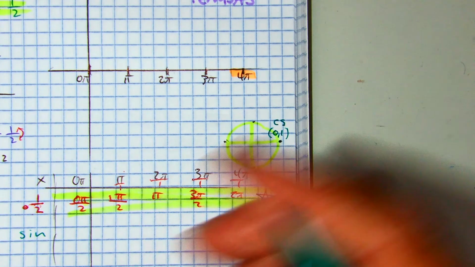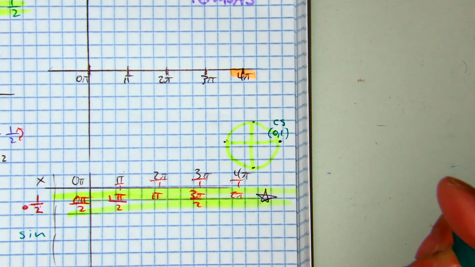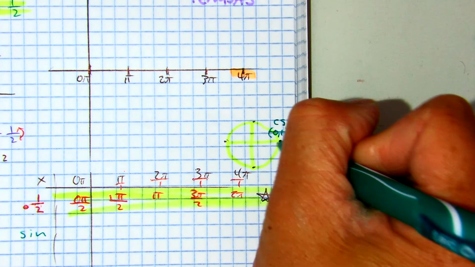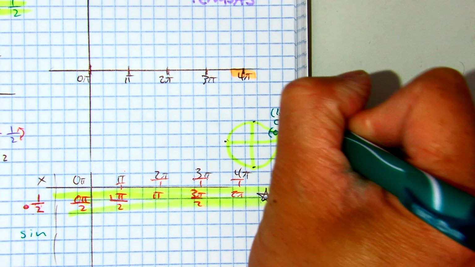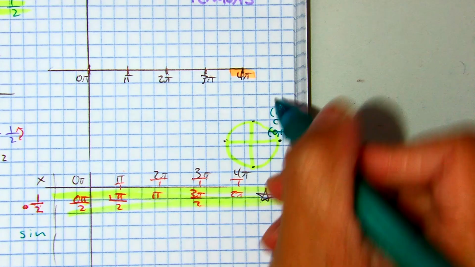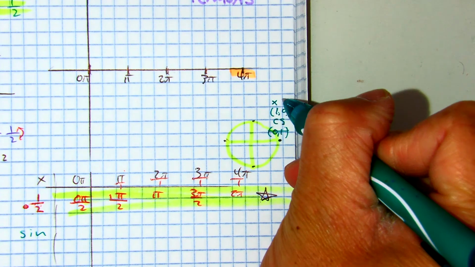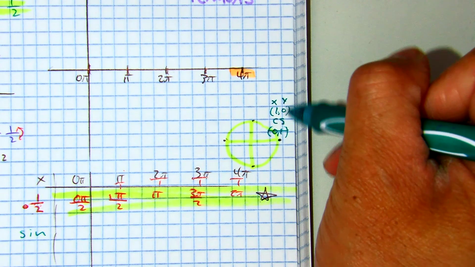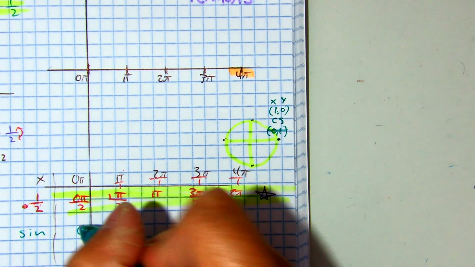No, what should it be? 1, 0. You're going right 1 on the x-axis, 0 on the y, and therefore sine is what? 0. Sine at pi over 2.